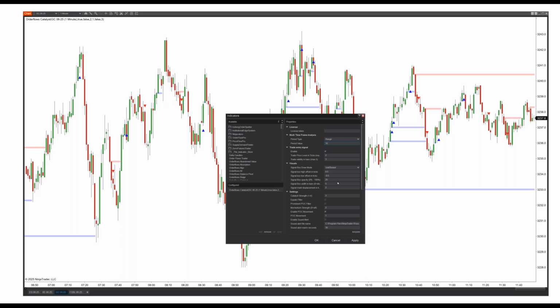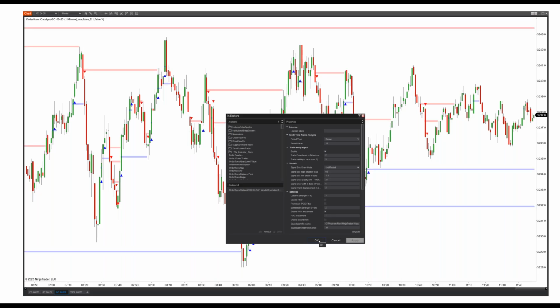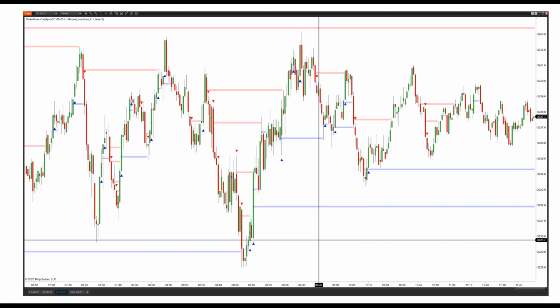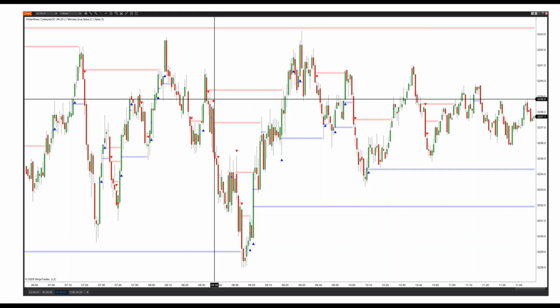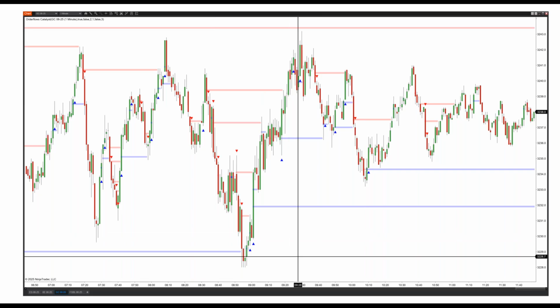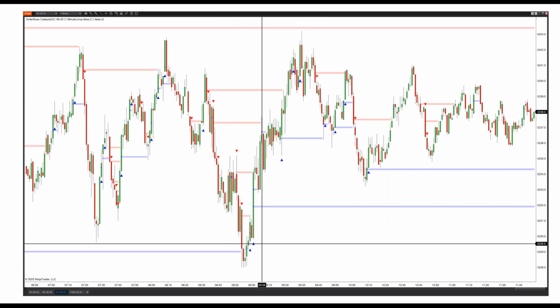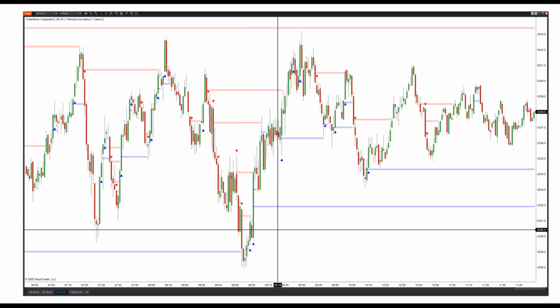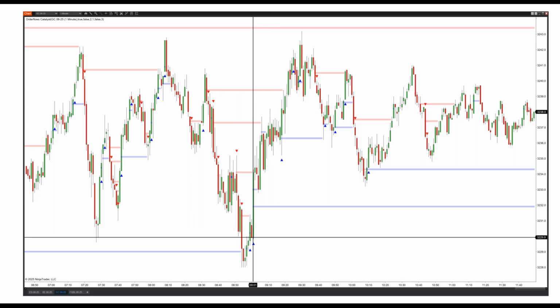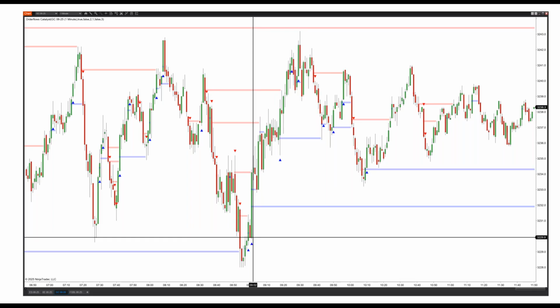People always ask me, what's the best chart to trade? What's the best market to trade? Well, it really depends. There's no best market. There's a good market for everyone to trade. But if I was looking at a market like gold, I would use the multi-timeframe analysis on a range-based chart, and the same thing I would do for other markets that are a bit volatile, such as YM and NQ.